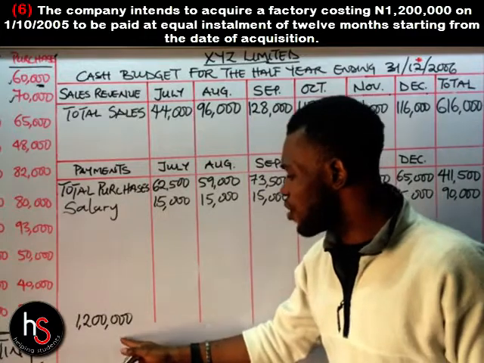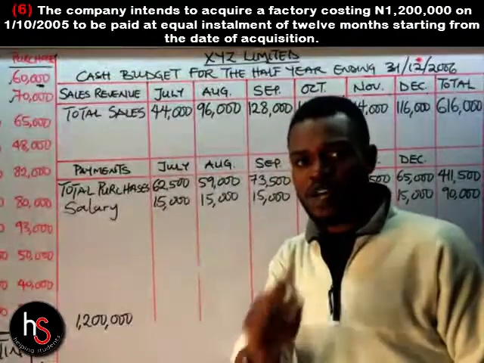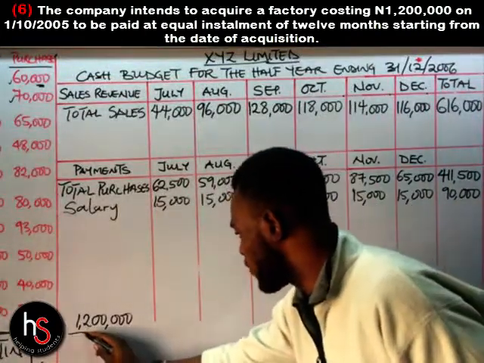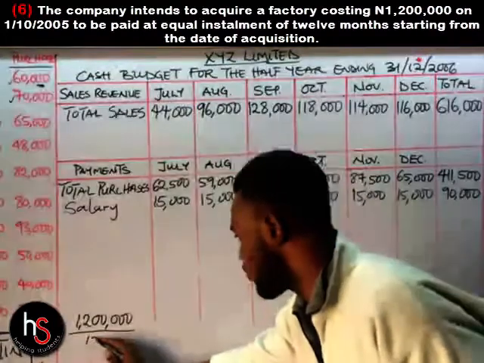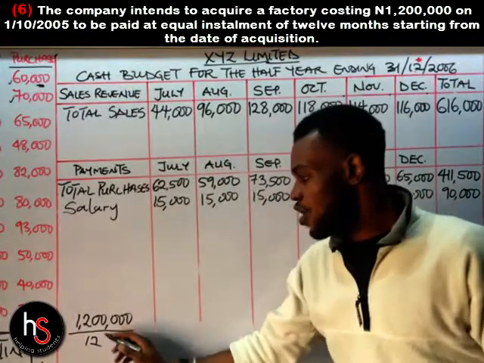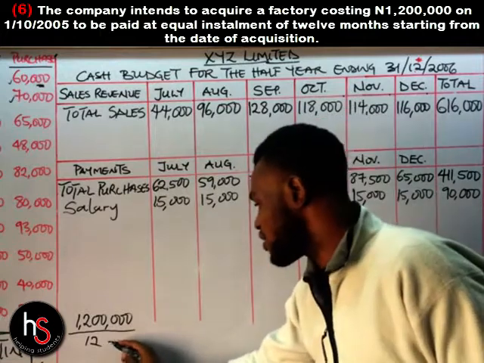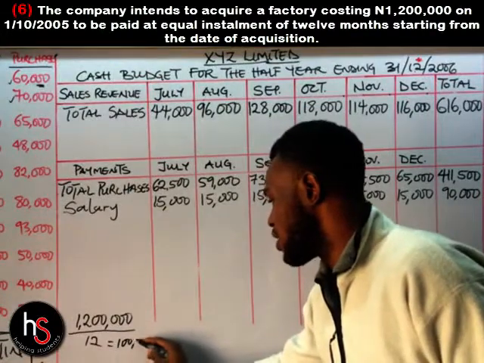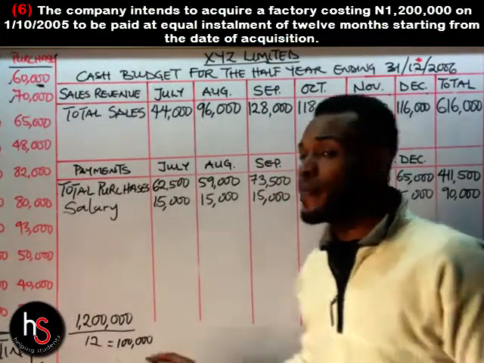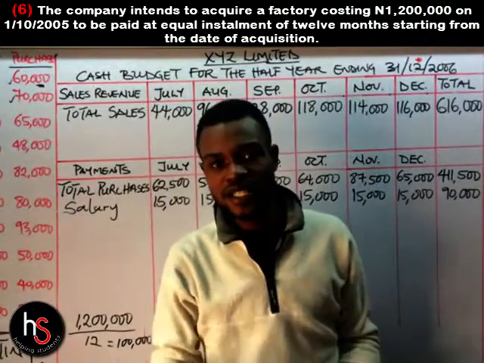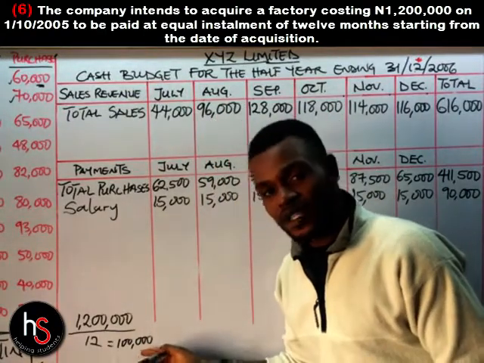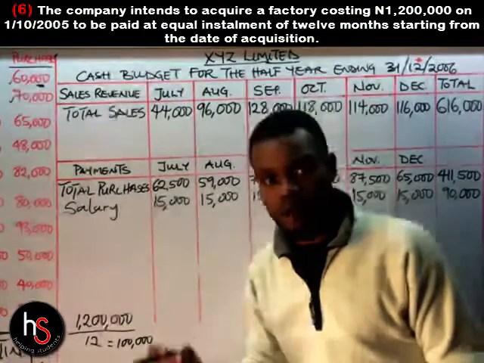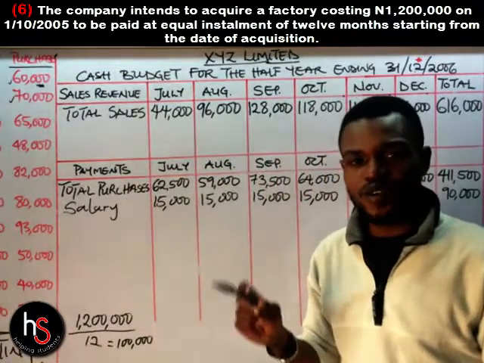So we need to know how much they are going to pay per month. In order to identify that, we're going to divide this value by 12. Now, if you punch your calculator, this gives us 100,000 naira. So it simply means that they are going to pay 100,000 naira for 12 months.